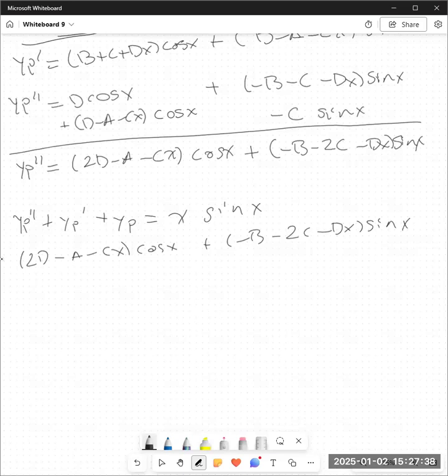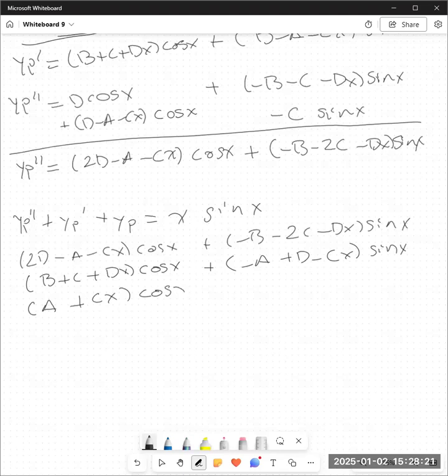I'm just going to line up my cosine and my sine pieces here. Yp prime is B plus C plus Dx cosine of x, and negative A plus D minus Cx sine of x, and then yp was A plus Cx cosine of x.